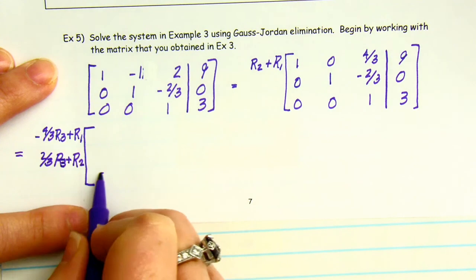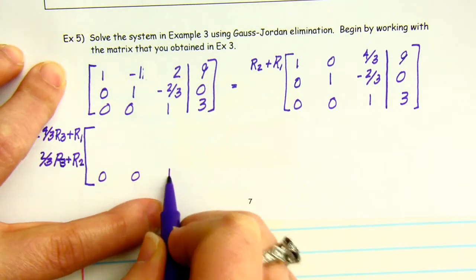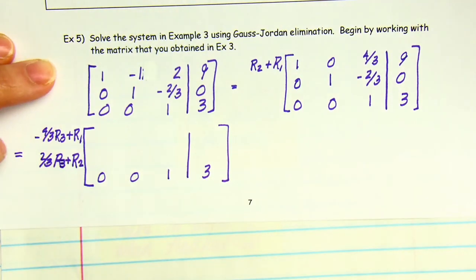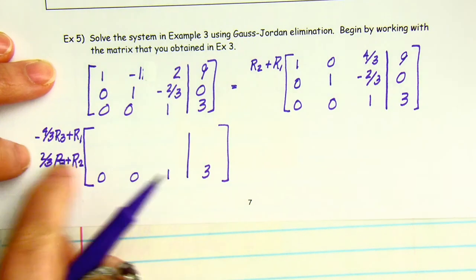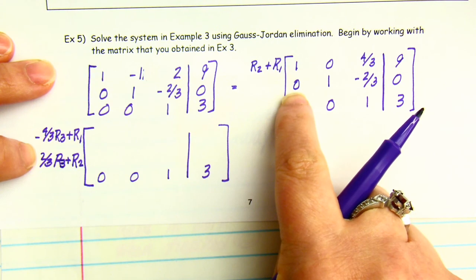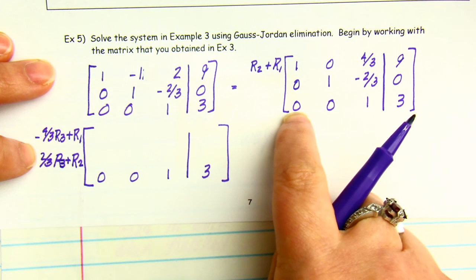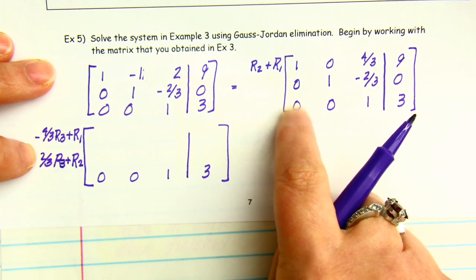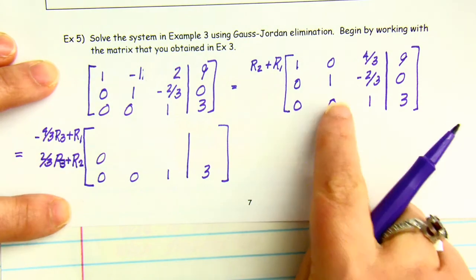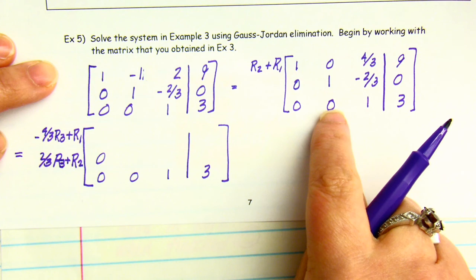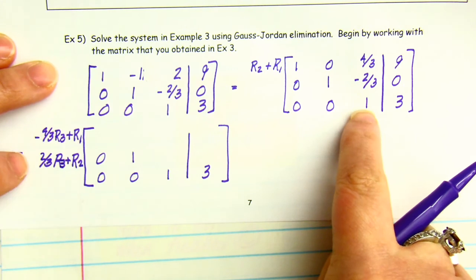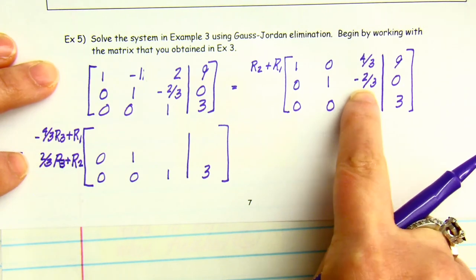Now, row 3 is not changing. It doesn't matter what we do, I'm just going to do this row because I have the operations. 2/3 times 0 is 0 plus row 2 is still 0. 2/3 times row 3: 2/3 times 0 is 0 plus 1 is 1. 2/3 times 1 is 2/3 plus -2/3 is 0.